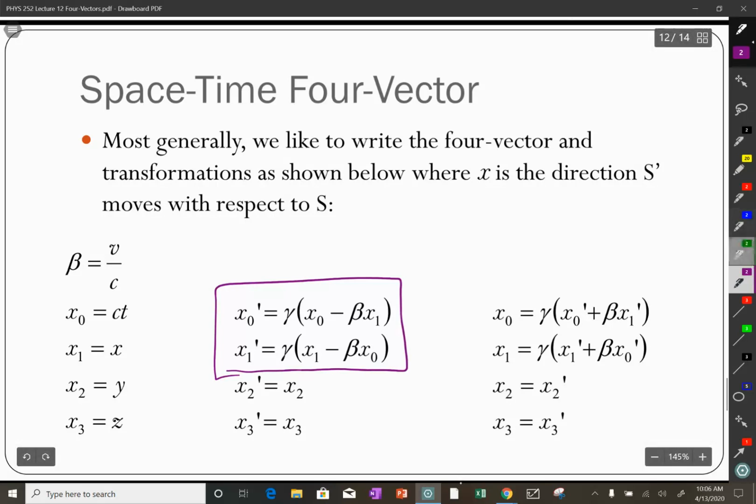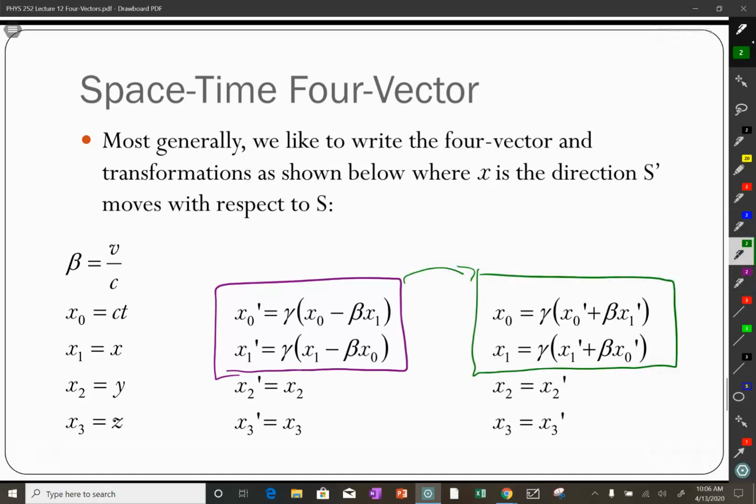Now we can shift to x0 and x1 in terms of x0 prime and x1 prime by simply changing the signs of beta, because beta is the velocity divided by c. In the prime frame, the velocity of the unprimed frame is in the opposite direction from what it is in the unprimed frame.